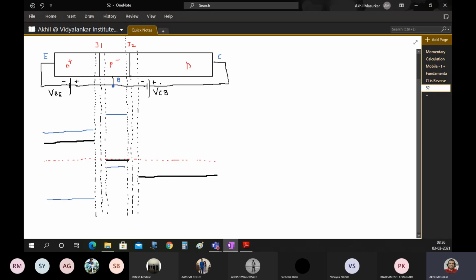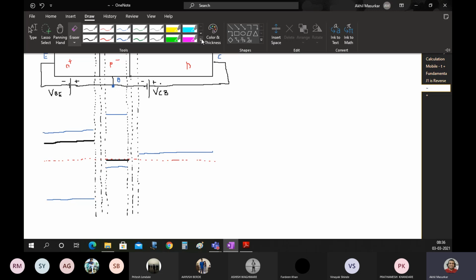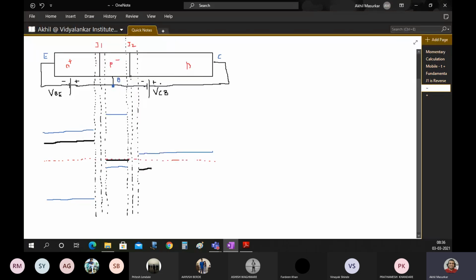So conduction band is away and valence is close, and here conduction band is close and valence is away. So draw this properly.